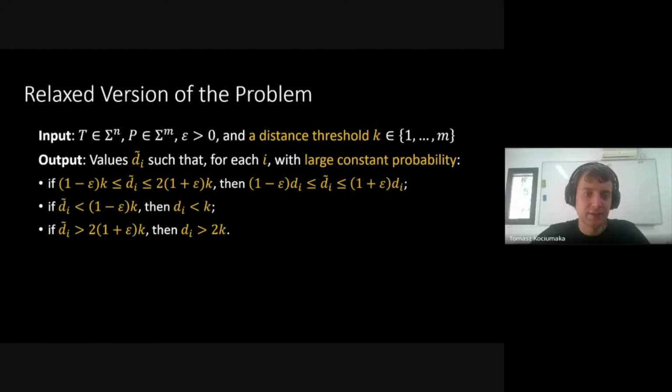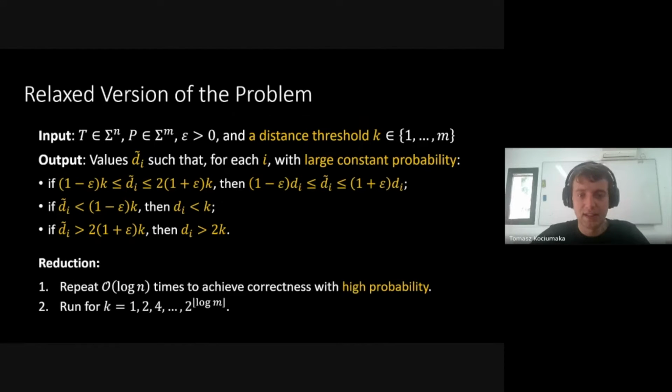And now the reduction to the original problem is relatively simple. First of all, we need to repeat the process log n times to boost the success probability to make sure that the answers are correct with high probability and we don't expect any errors across all the offsets or all the fragments we consider.